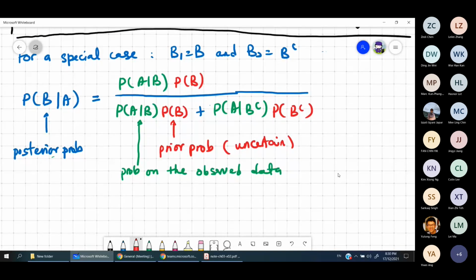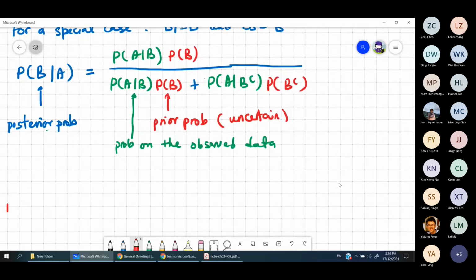Okay, forget about examples. I think you should be able to find a lot of articles or videos on YouTube regarding the implementation of Bayes theorem.